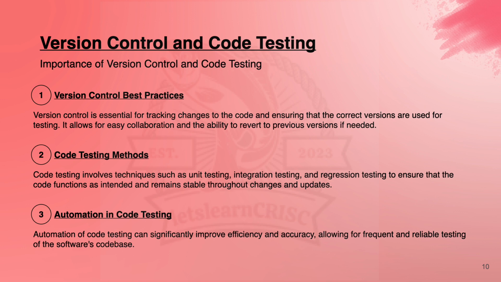To summarize all these things, version control helps to track code changes and collaborate effectively. Code testing methods ensure the functionality and stability of the code, and automation in code testing improves efficiency and accuracy in the testing process.